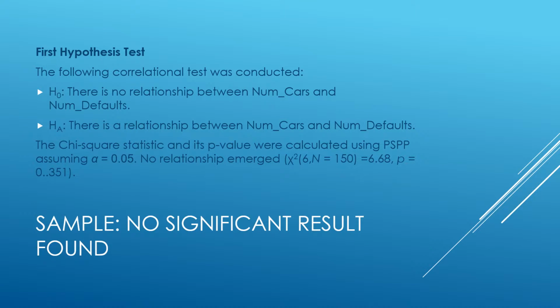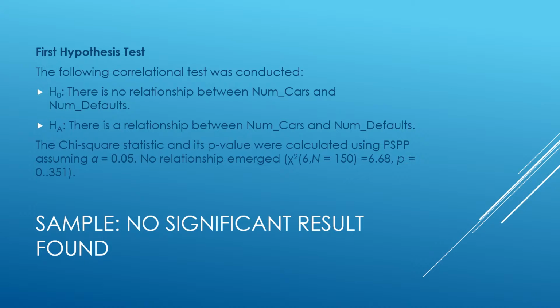So in our first hypothesis test, the following correlation test was conducted with a null hypothesis that there is no relationship between numbers cars and numbers defaults, and an alternative hypothesis that there is a relationship between numbers cars and number defaults. The chi-square test and its p-value were conducted using PSPP, assuming that alpha equals 0.05, and no relationship emerged.